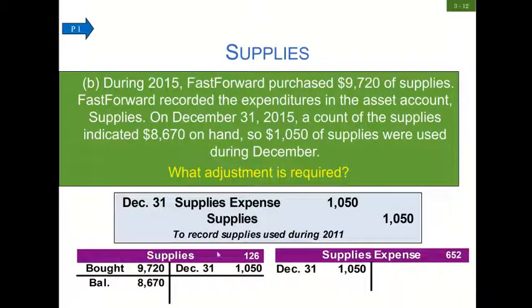You see here from the accounts, in the supplies account we have 9,720, this is the purchase, and 1,050 was used this year. The difference, 8,670, will be used in future periods. And for supplies expense, we have a debit of 1,050.